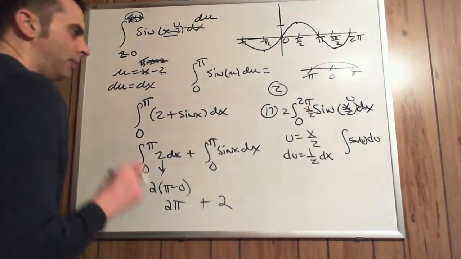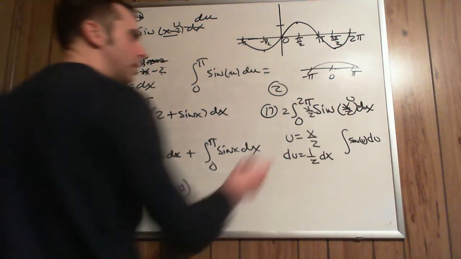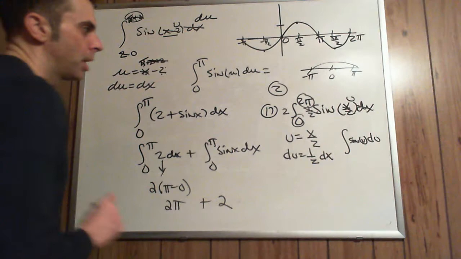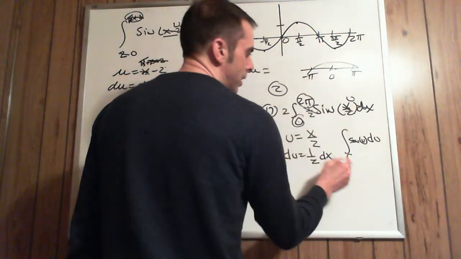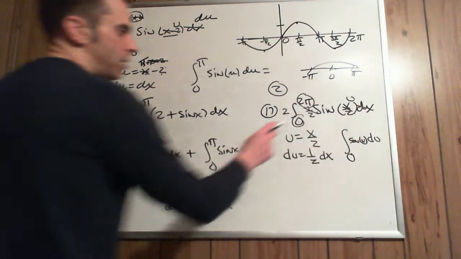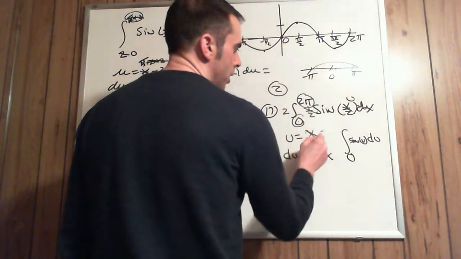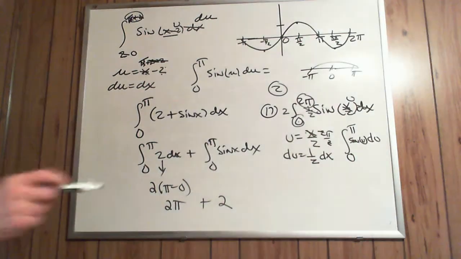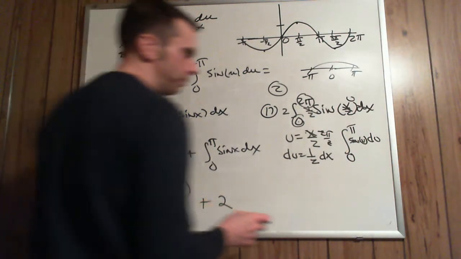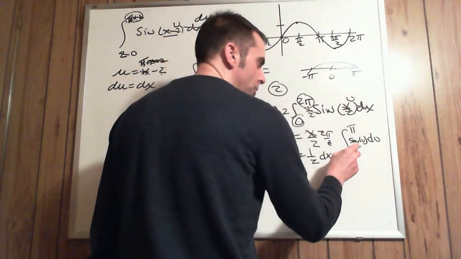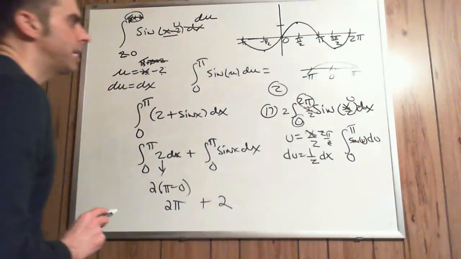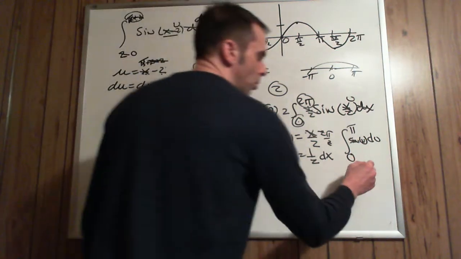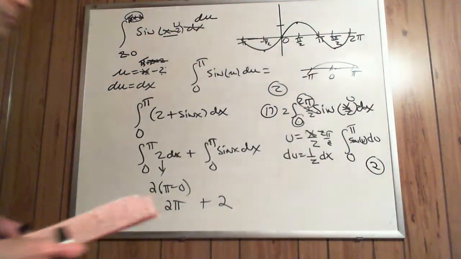And now the limits have to change, because the limits here are in terms of x. They now have to become in terms of u. So when x is 0, I get 0 for that. And when x is 2 pi over 2, these drop out and my answer is pi. Again, we call this a dummy variable. Whether this is in terms of x or u, it's going to be equal to the given information, the integral from 0 to pi of sine x dx, which is equal to 2.